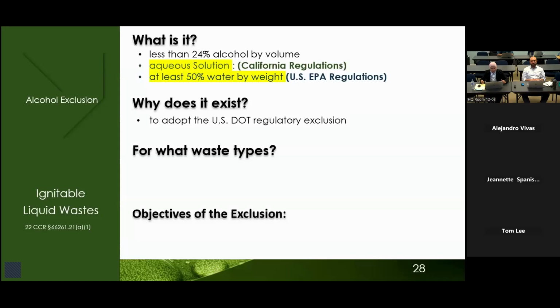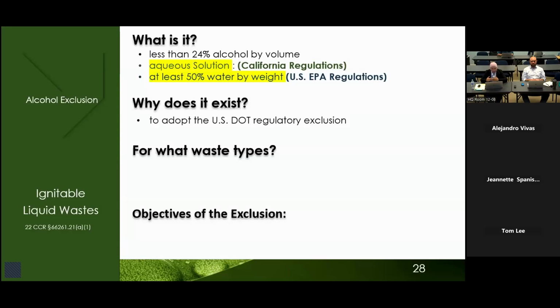Now that we know what alcohol exclusion is, let's get into why the US EPA created it in the first place. Let's take a trip back to the 1980s. The US EPA wanted to align with the regulatory standards of the US Department of Transportation, abbreviated as USDOT, which already excluded some alcohol water-based mixtures from being labeled as ignitable.